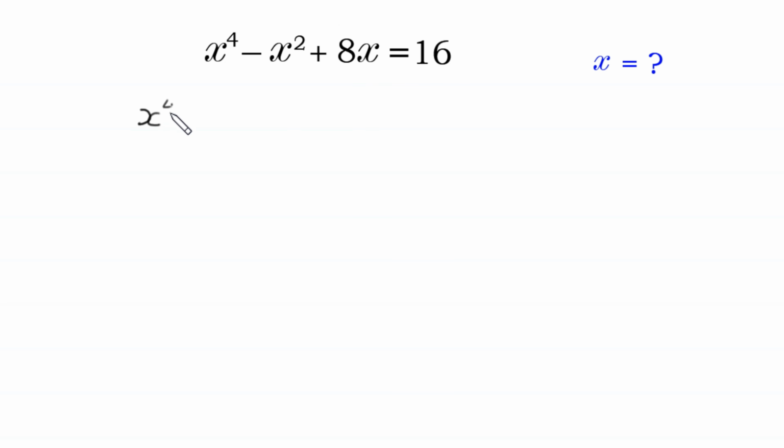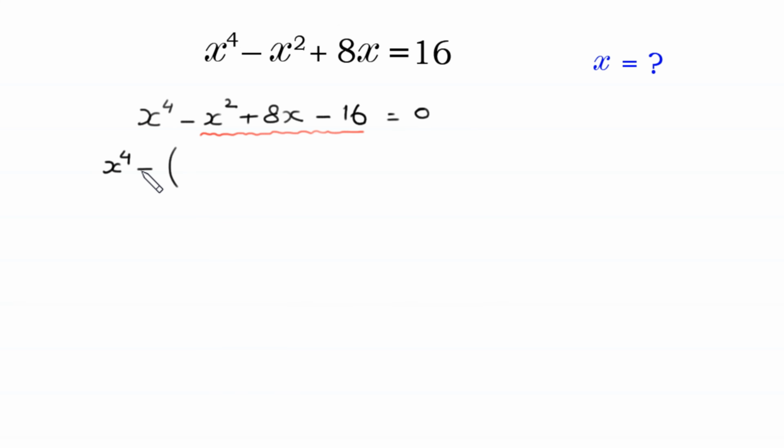X to the power 4 minus x squared plus 8x. This plus 16 becomes negative 16 at the left side is equal to 0. Now we write these three terms negative x squared plus 8x minus 16 in parentheses like this: x to the power 4 minus, we use parentheses.